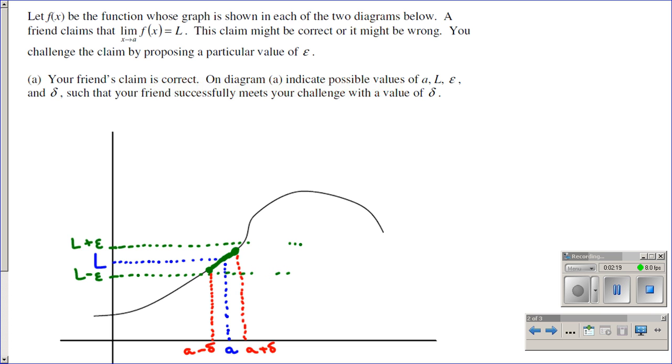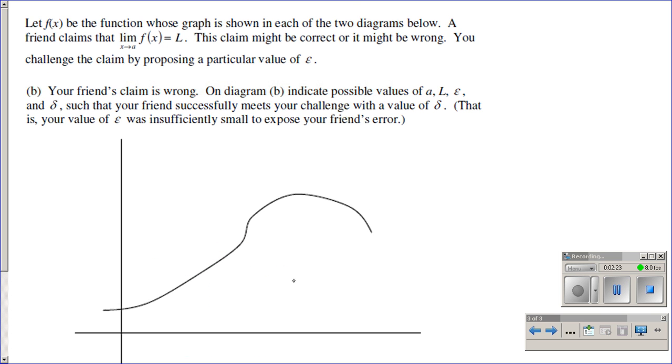Okay? Alright, so then part B, it's the same exact question, however, my friend's claim is wrong. So let's start with that. So if my friend's claim is wrong, then the limit that my friend thinks is the limit is not actually the limit. So I'm going to do this first. So here's a limit, and this is not going to be my A. I'm going to move my A over a little bit.